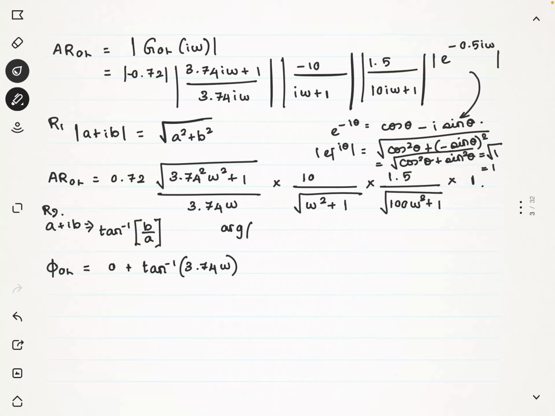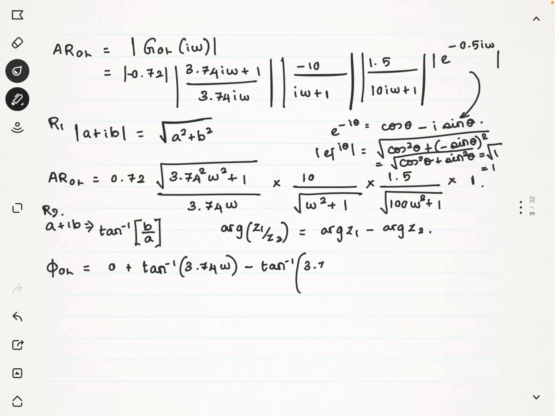And arg of z1 by z2 is equal to arg z1 minus arg z2, if z1 and z2 are complex numbers. So in that case, we'll be using that formula here. So for the denominator, we'll have a negative sign, tan inverse.